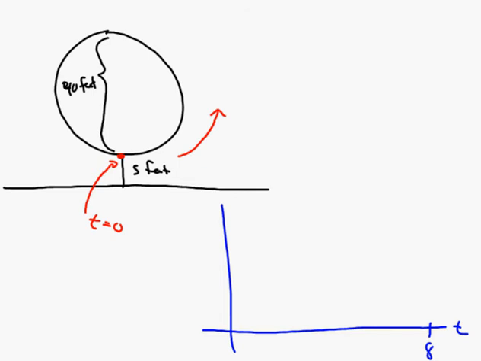And what else do I know? Well, when I get on at t equals 0, I'd be 5 feet above the ground. I'd be this vertical distance that I've drawn in blue. So I'll go up here, I'll call this 5, and I put a dot here. This is the first point on my graph of h of t. Okay. Now, let's go for some easy points first. Let's ask ourselves, how much time went by when I got to the top of this Ferris wheel?